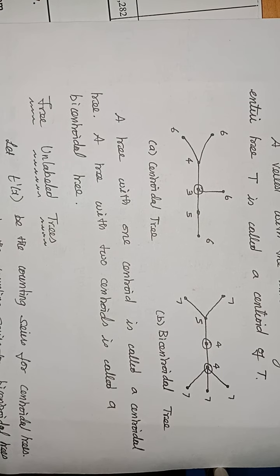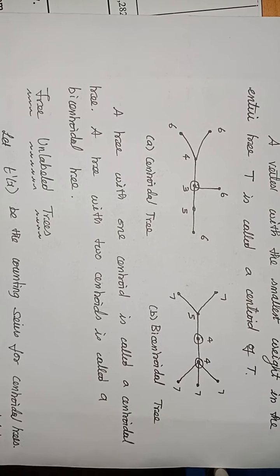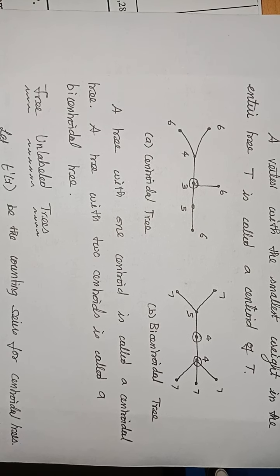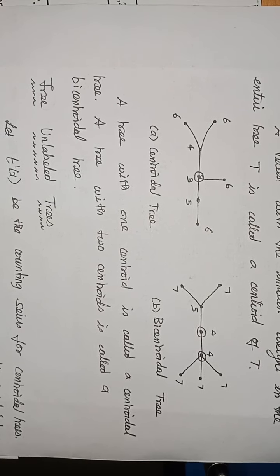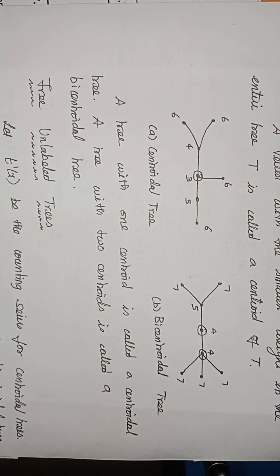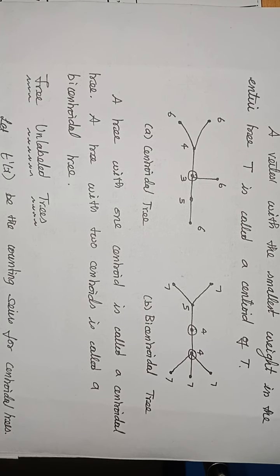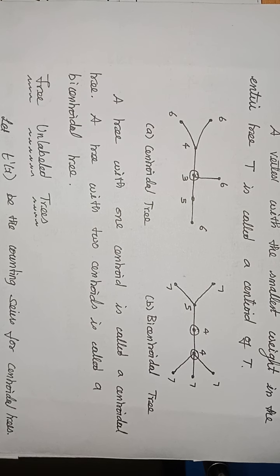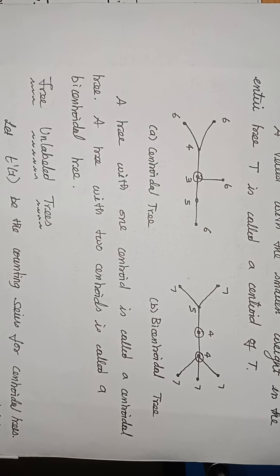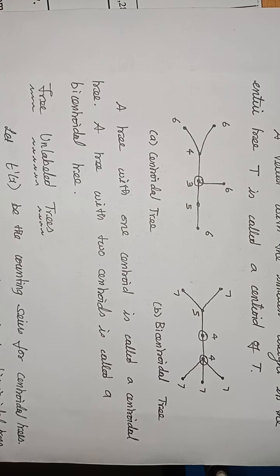So you have to count all possible centroidal trees with n vertices, and you have to count all possible bicentroidal trees with n vertices. Then you add up these two, that gives the total number of possible trees with n vertices.